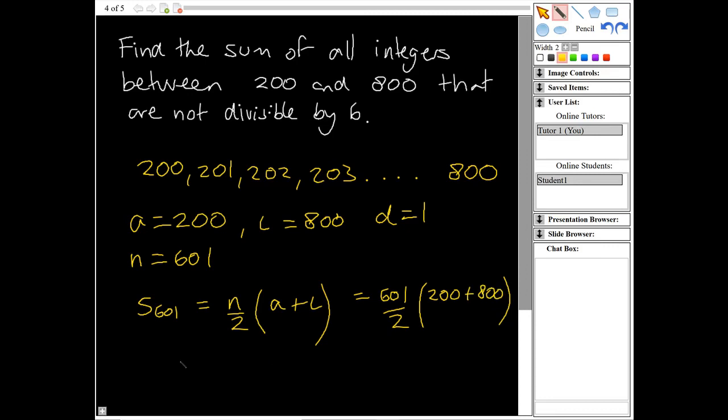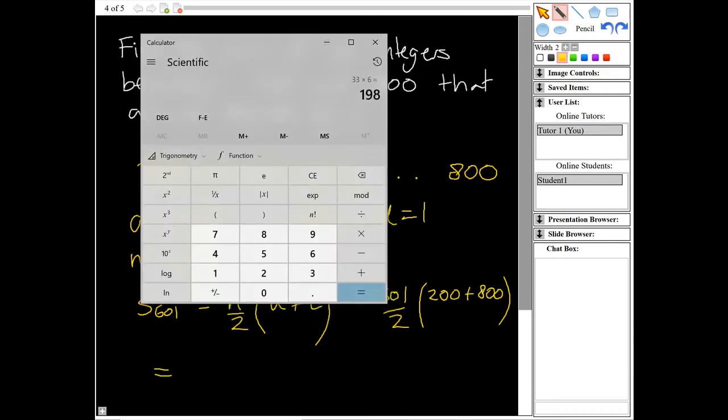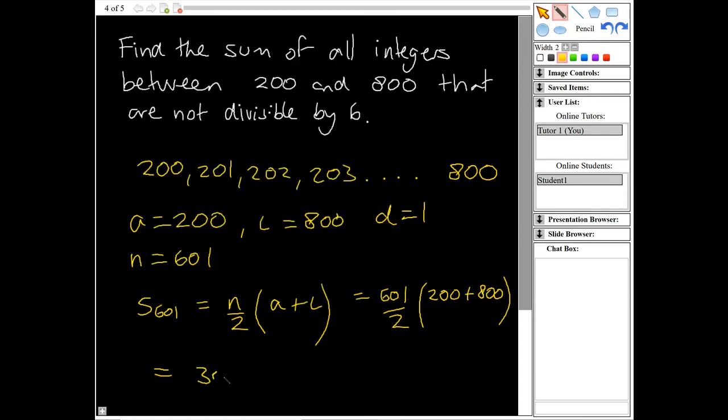So that is therefore going to be, so it's 1,000, so it's 500 times 601. So that's 300,500. So that would be the sum of all of the integers between 200 and 800 inclusive. Now what I need to do next is work out the ones which are divisible by 6 and then take those away from the total.